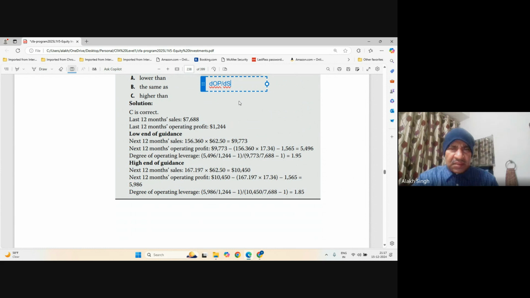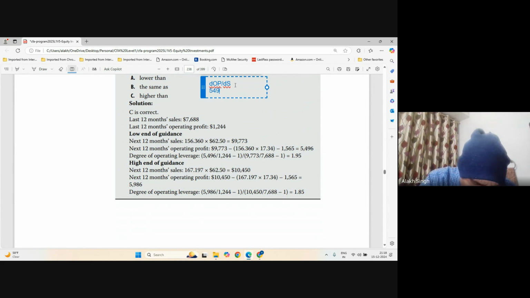So the percentage change in operating profit by the percentage change in sales. So here the operating profit was 1240. This 5496 minus 1244. Sorry, by 1240. Oh, let's see this way directly. So let's use this formula. So 5496 minus 1244, this divided by the change in sales.